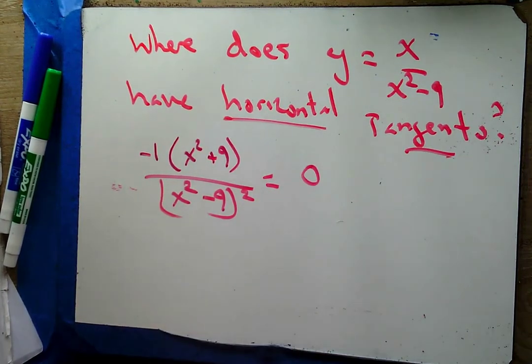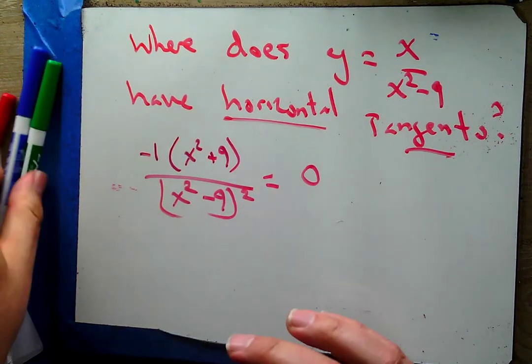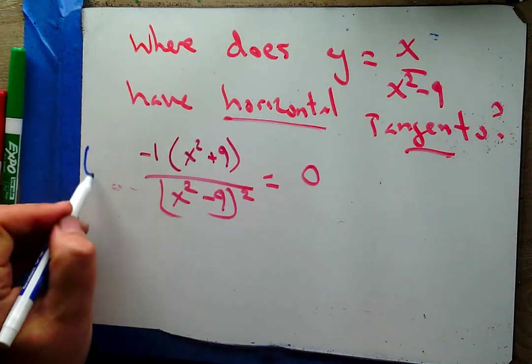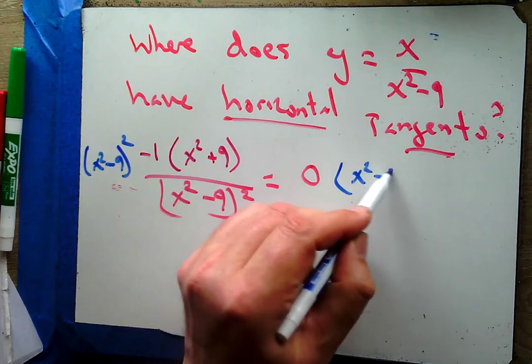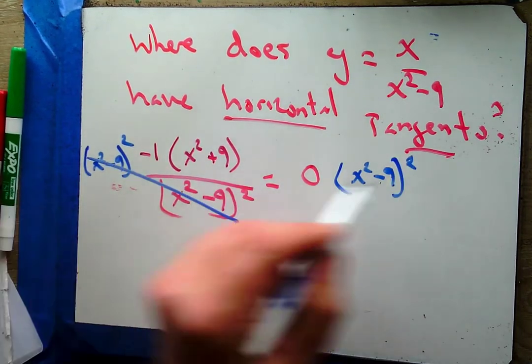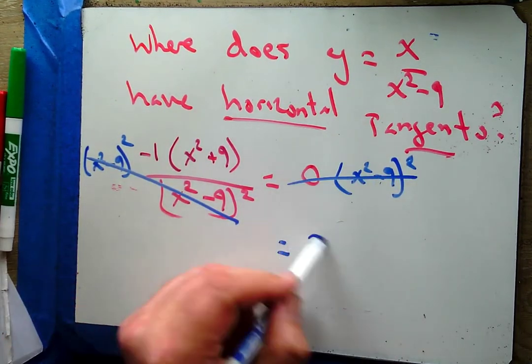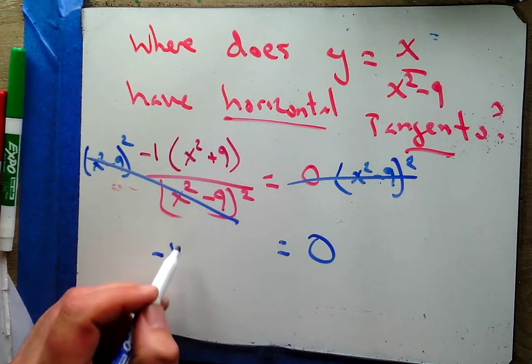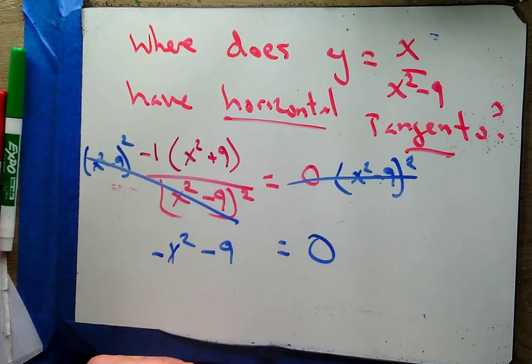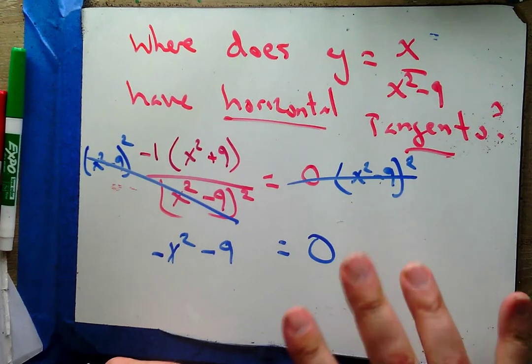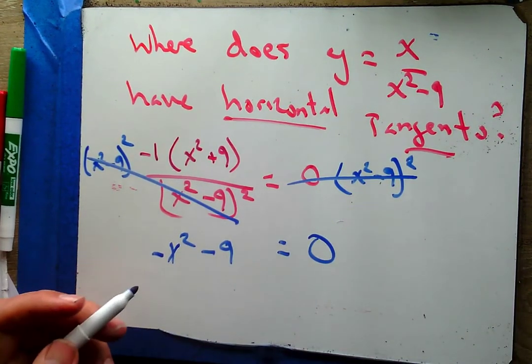So I set this equal to 0. And now this is a pre-calc problem, right? Because we've done this in pre-calc. Multiply x squared minus 9 squared on both sides. Oh, look. The denominator doesn't play any role whatsoever in solving this equation, or finding when the expression is equal to 0.